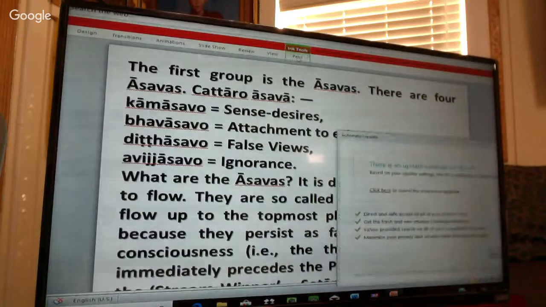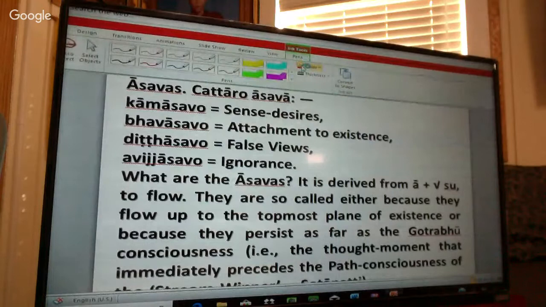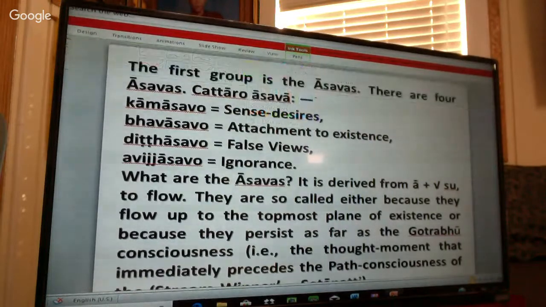The name you need to remember: Asava. Asava is very popular. After we perform a wholesome deed, we say "Idam me puñña asava khaya vaham hotu" like this. We make an aspiration, we make an aim.